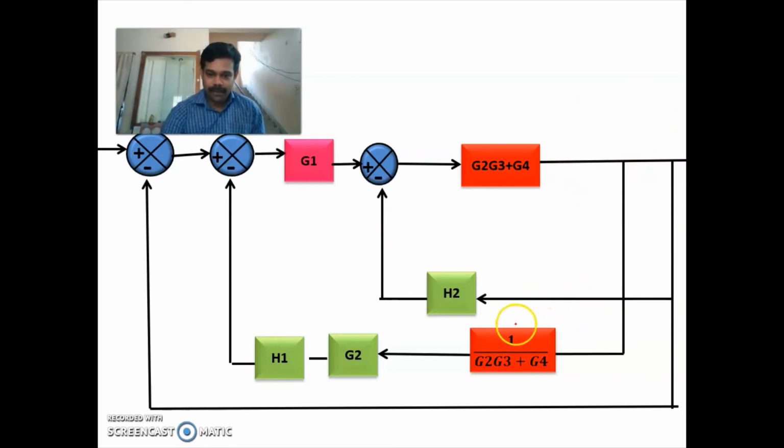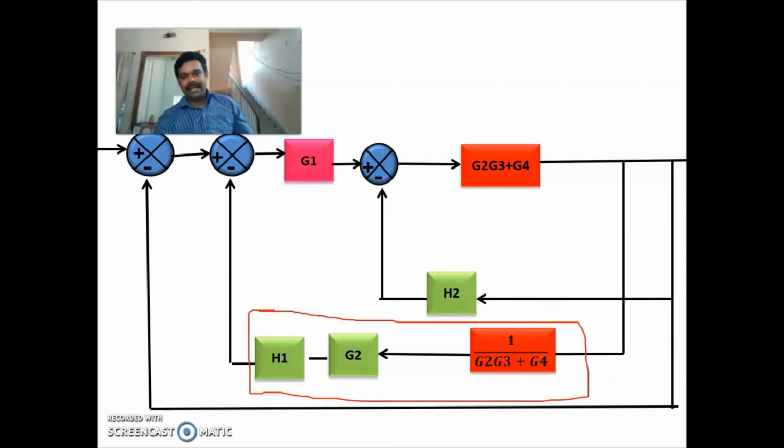Then another possibility is we can combine these three blocks. These three blocks are in cascade. While analyzing this figure, the next step we can do is combine three blocks, this H1, this G2 and 1 divided by G2 G3.